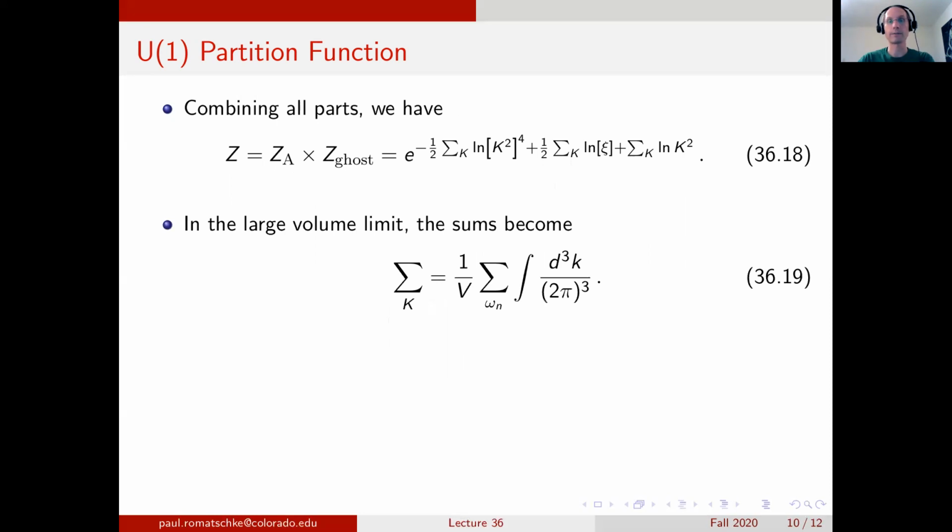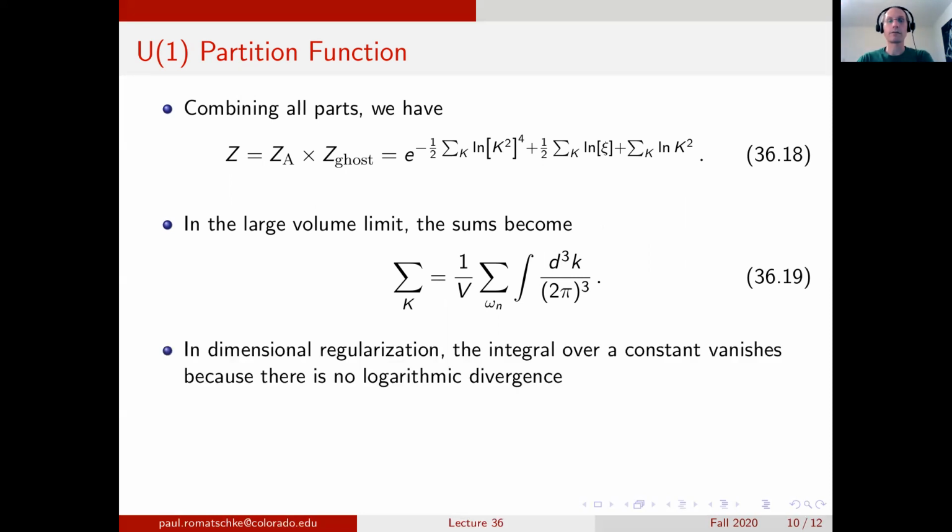In the large volume limit, the sums just become sums over the Matsubara frequencies and the integral over the wave numbers K. We find that the integral over a constant in dimensional regularization vanishes because there is no logarithmic divergence. And as a consequence, we find that the term that is the sum over the logarithm of the arbitrary gauge parameter Xi just goes to 0 in dimensional regularization.